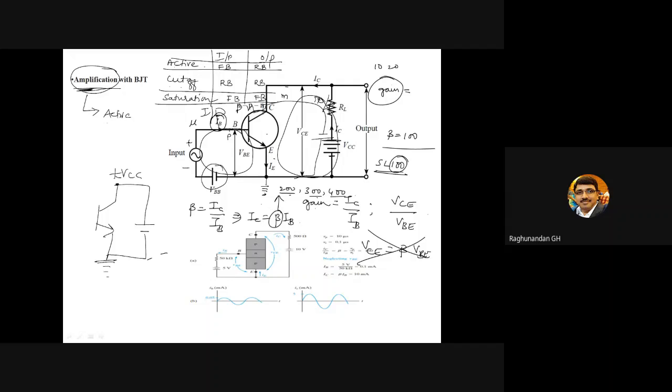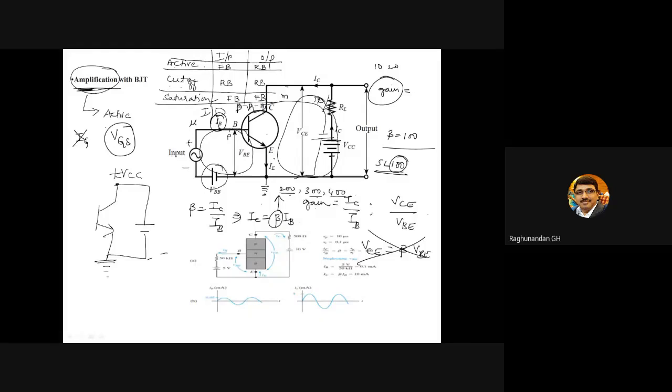But in FET, we will not talk about IG. Which parameter do we talk about? VG, the gate voltage.